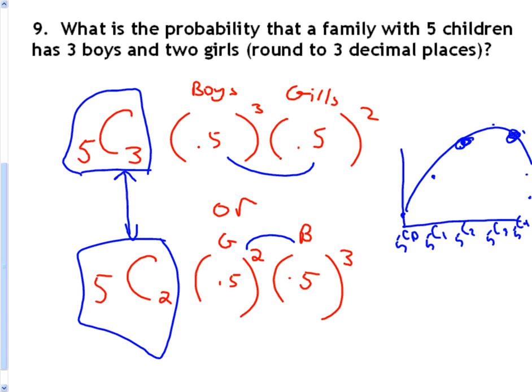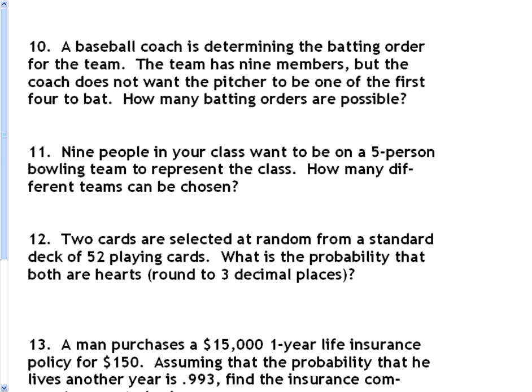All right, moving on. Baseball coach is determining the batting order for the team. The team has 9 members. This is one of those where you don't want to use any of the other methods. You want to use blanks. Because it's got a weird situation. He doesn't want the pitcher to be one of the first 4 to bat. Then you can take these 4 and they'll be all different.